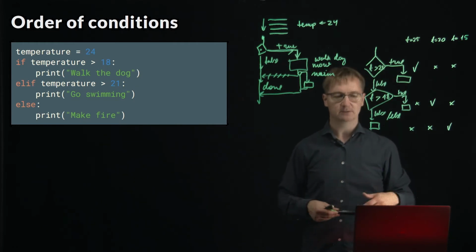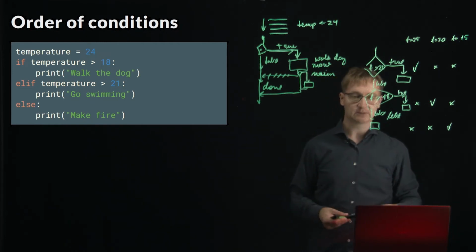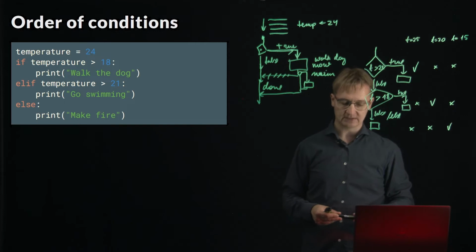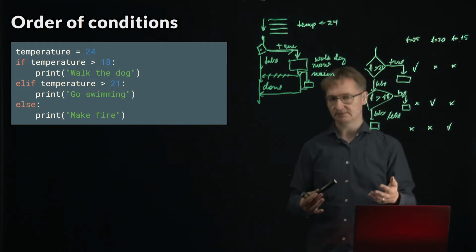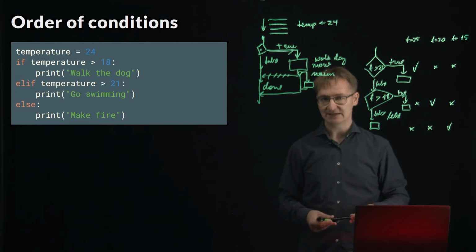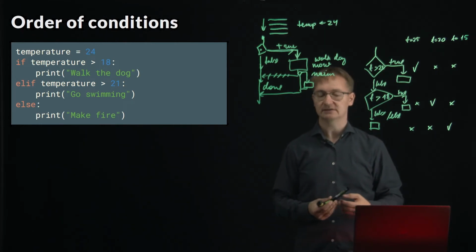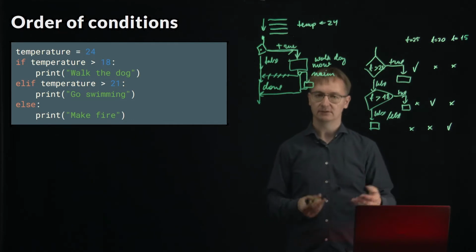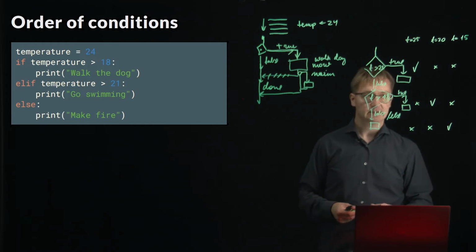First we check whether the temperature is above 18, then we walk the dog. If it's above 21, we go swimming, and in the else or other cases we make fire. The idea behind the code might be right, but actually if it's executed, it can work wrong. Let's see how it happens.